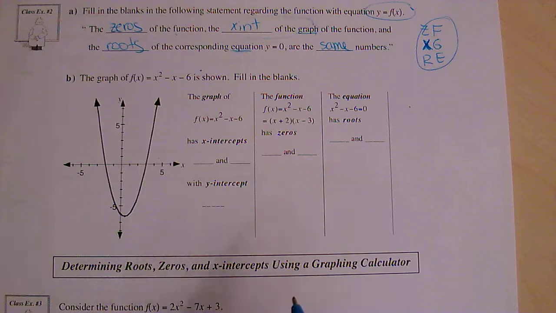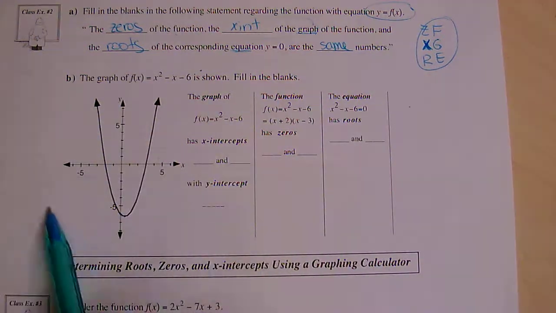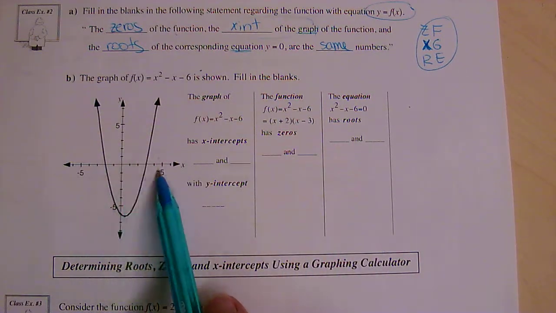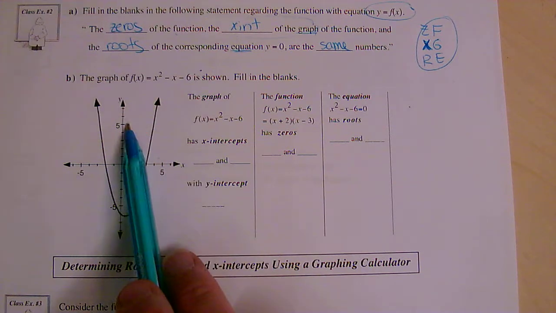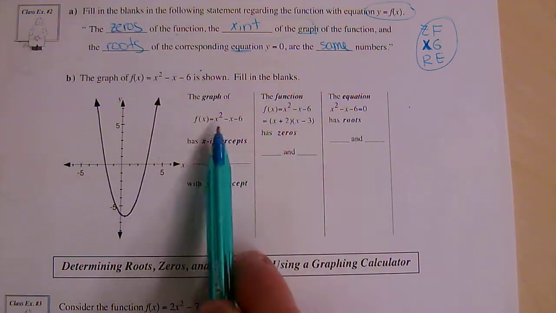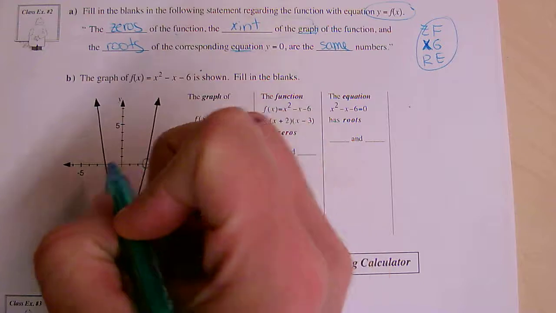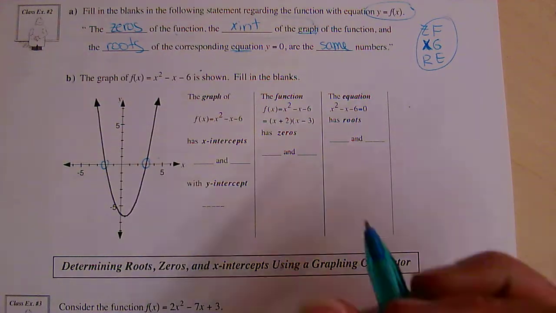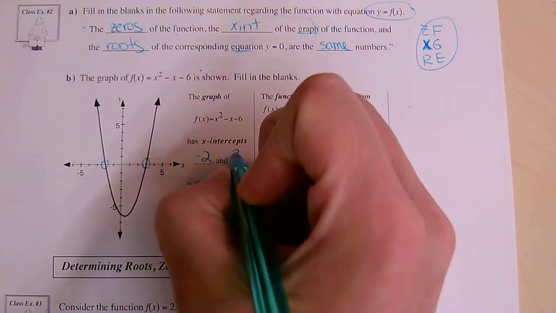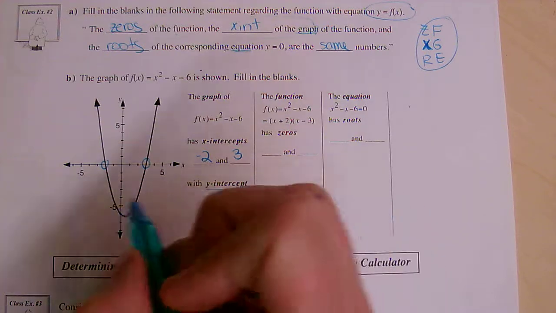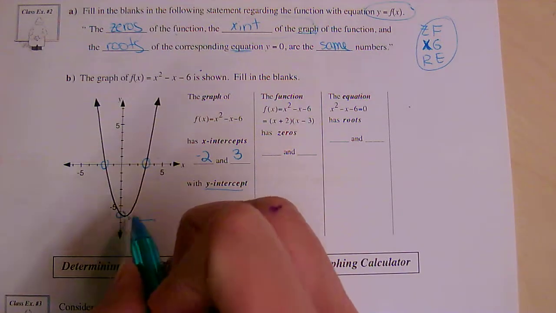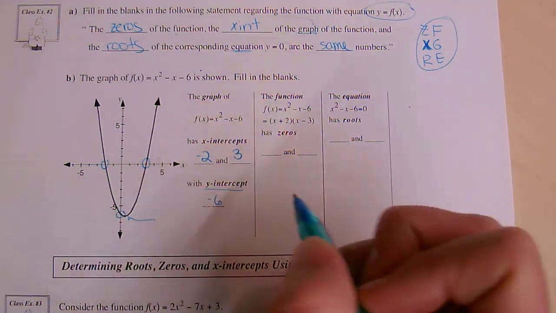Go for it. Okay, so then now we've got some blanks for this graph. So this is the graph that we just did. It's the same. So it has x-intercepts. We find them there at -2 and 3. And the y-intercept, which is at -6.